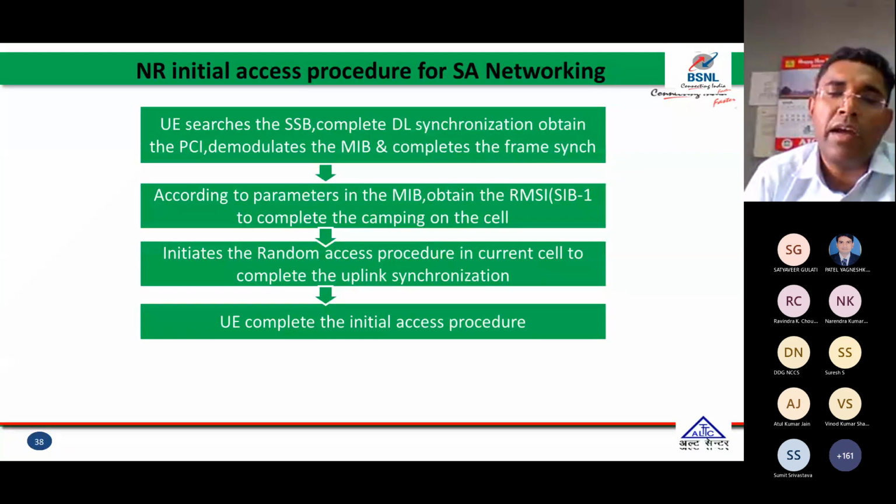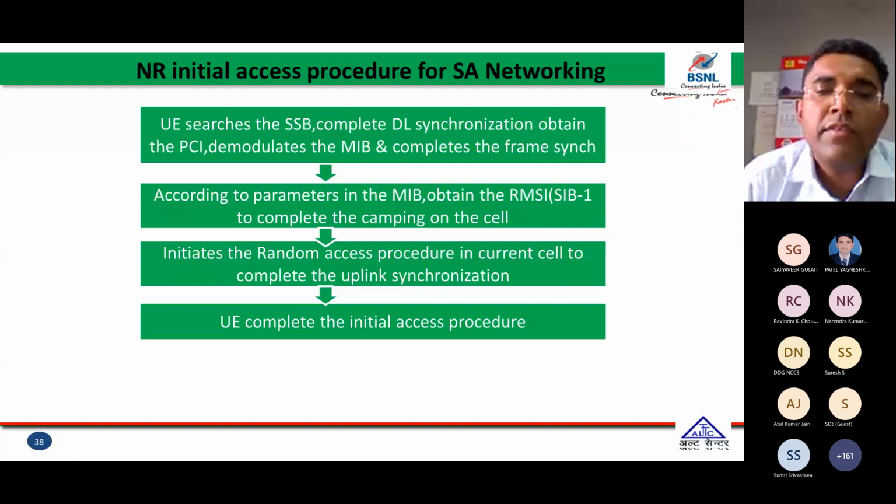4G and 5G, 5G is also using the same identification code as 4G, but their range is different. And the range of PCI in the 5G is from 0 to 1007. So PCI is the identification code of G node B. 4G also uses the same identification code.